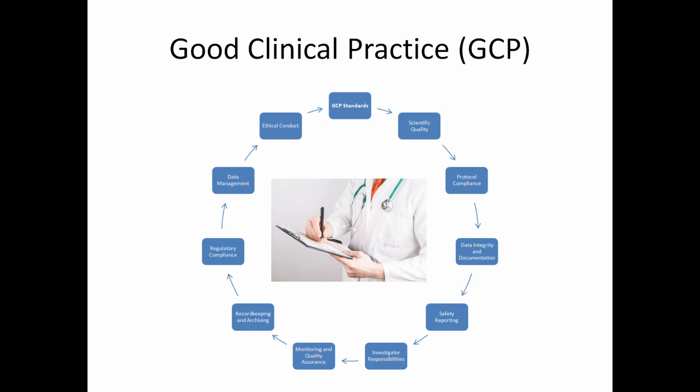Key aspects of GCP include ethical conduct, scientific quality, protocol compliance, data integrity and documentation, safety reporting, investigator responsibilities, monitoring and quality assurance, record keeping and archiving, regulatory compliance, and data management.